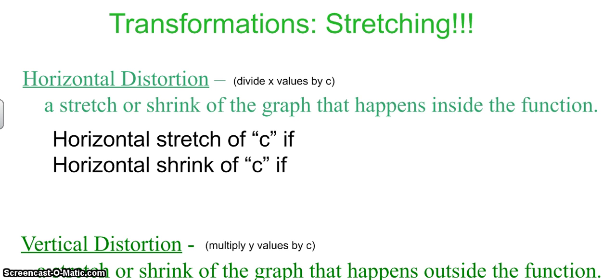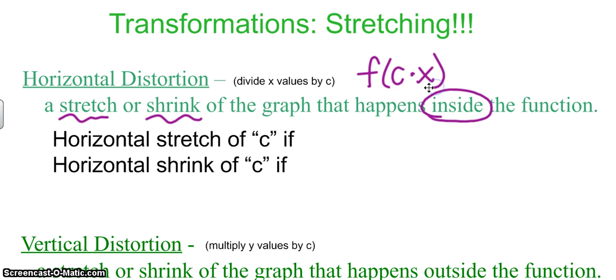So let's start with the horizontal distortions first. A horizontal stretch or a shrink, which we'll talk about the difference of those, happens inside the function, and you're going to see something like f of c times your input of x. So it's a multiplication that's happening.